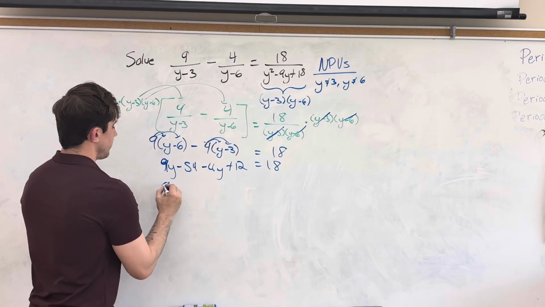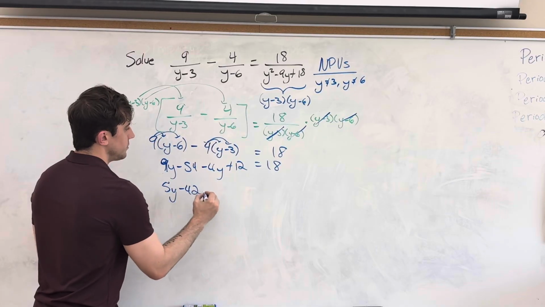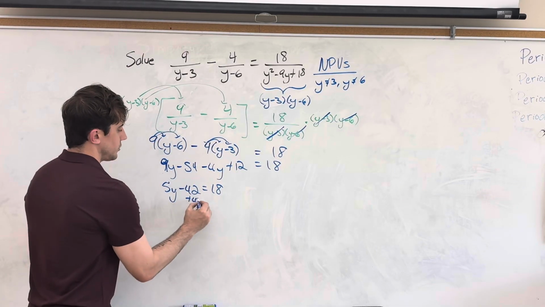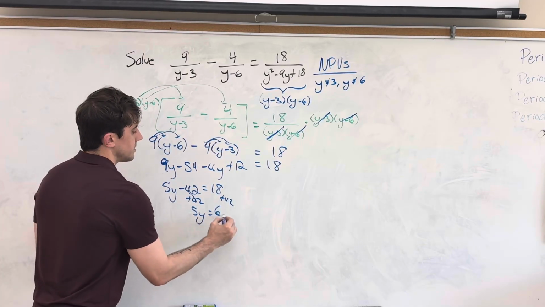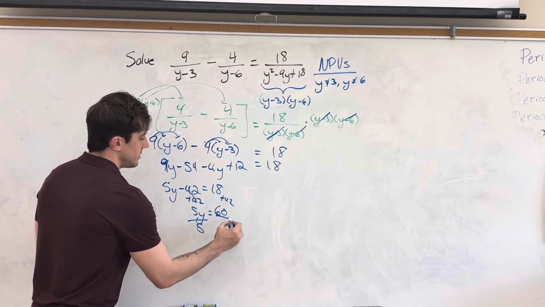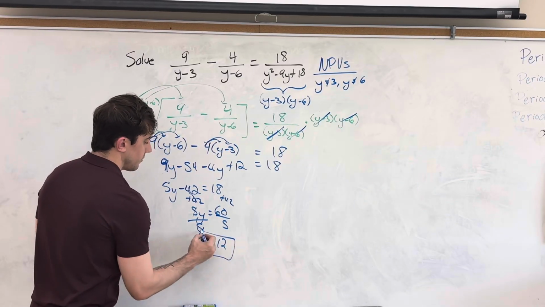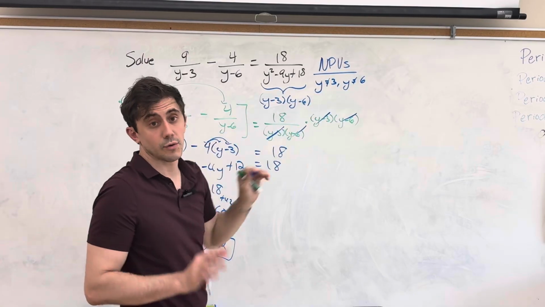Combine like terms, so we have 5y minus 42 is equal to 18. You guys know how to do this, I'm sure. Plus 42, 5y is equal to 60. And so we get a nice unique solution for y of positive 12. Now, that is neither of our non-permissible values, and so we're good to go.